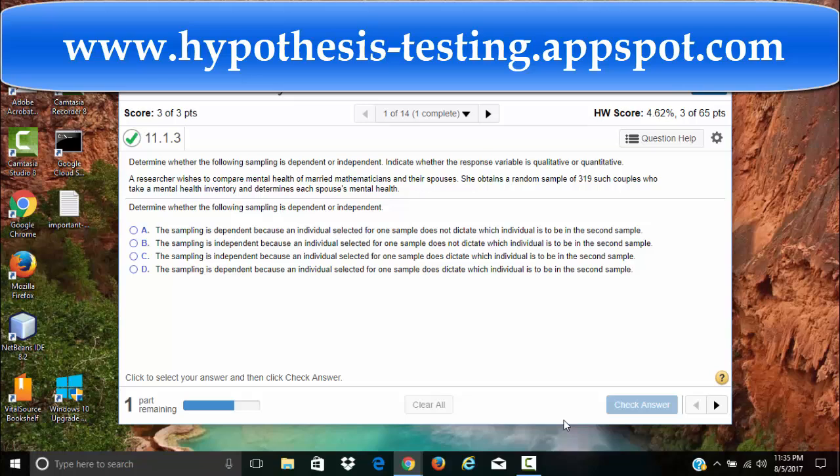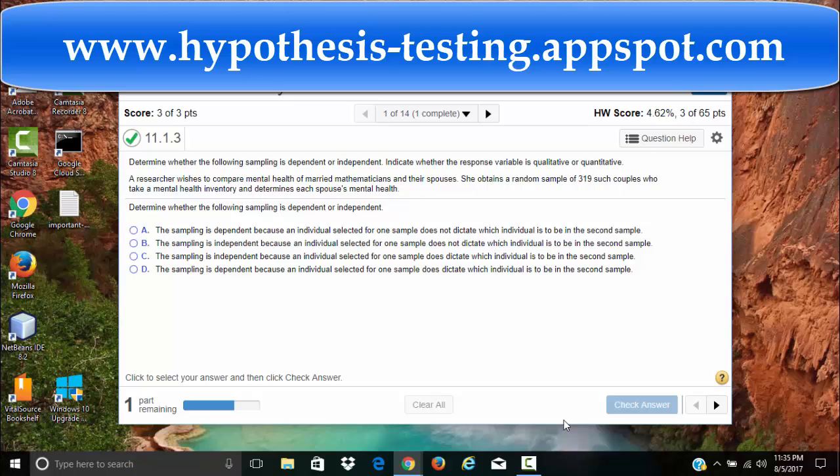So, from here we have two events. She first of all takes a random sample of 319 couples. The couples are married mathematicians and their spouses who take the mental health inventory. Then from there, she determines each spouse's mental health.